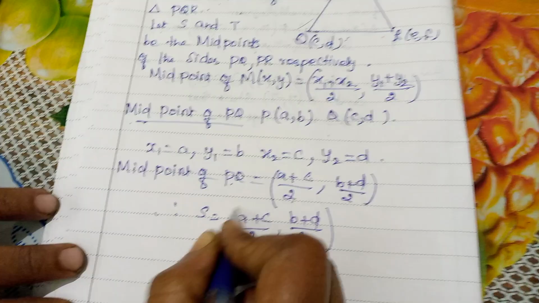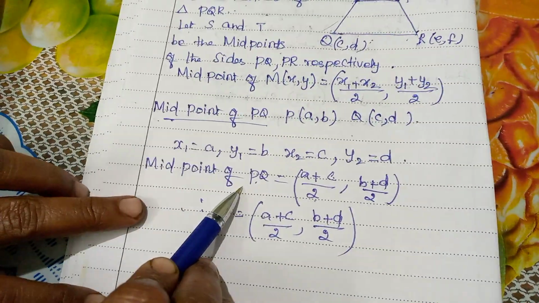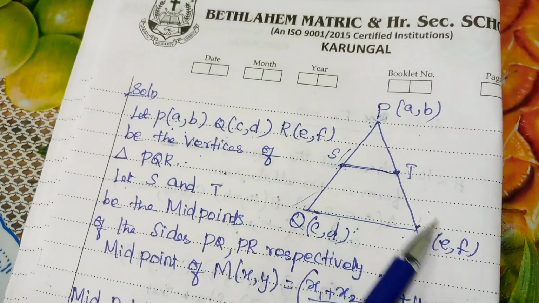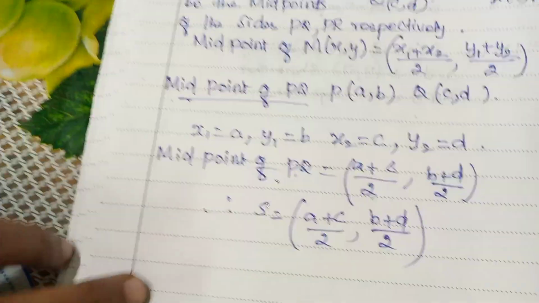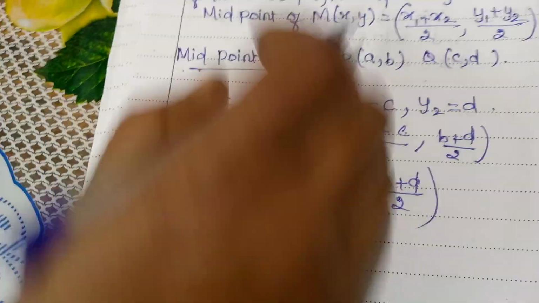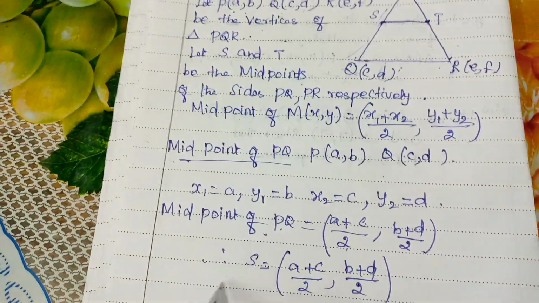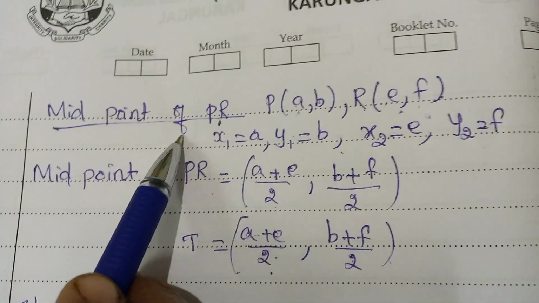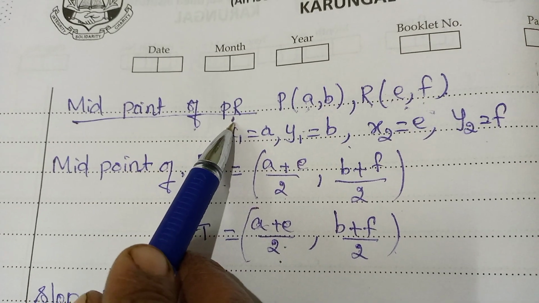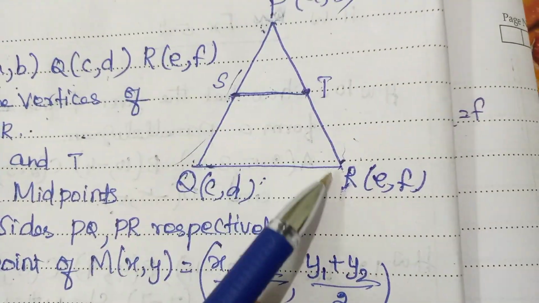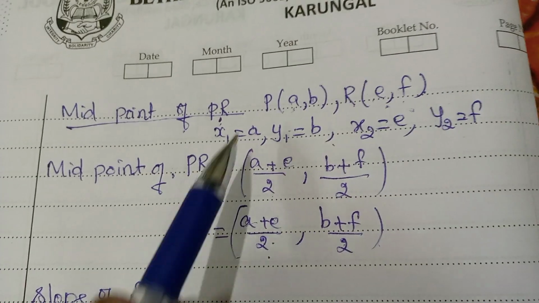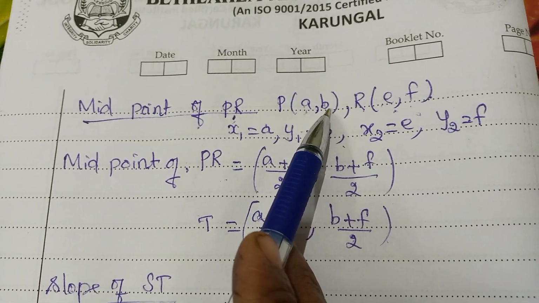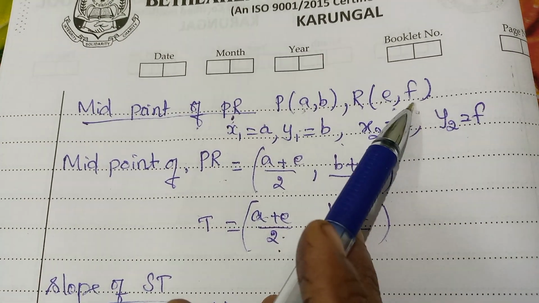Next, in the same way, we have to find the midpoint of PR, that is the T point. Now we are going to find the midpoint of PR. We get the T point. So P of A comma B and R of E comma F we have to take.